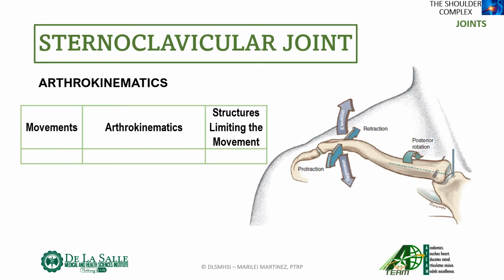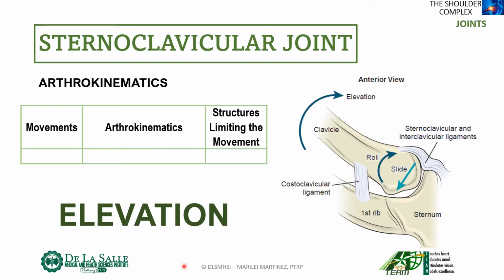Arthrokinematics of the sternoclavicular joint. When we say arthrokinematics, it is the movement happening between the articulating surfaces of the joints. Okay, so specifically the movement happening in this area. Before we discuss the arthrokinematics of elevation, let's first review the articulating surfaces of the sternoclavicular joint.